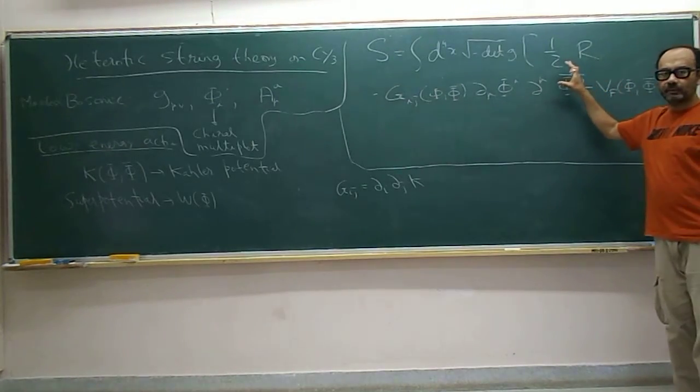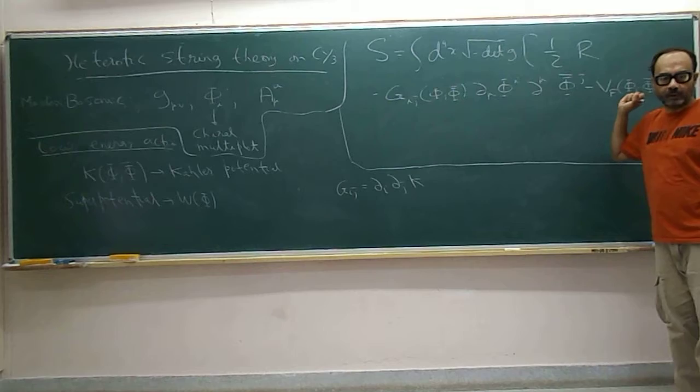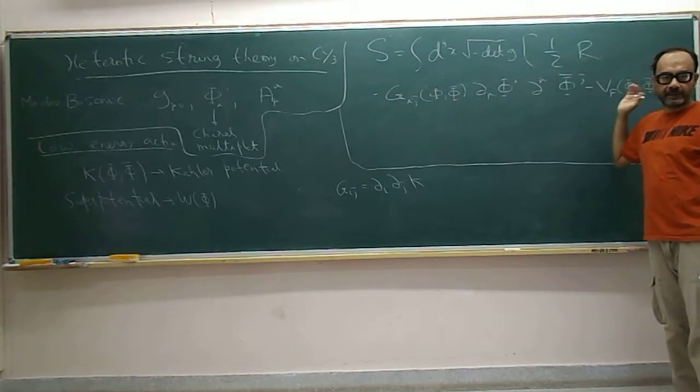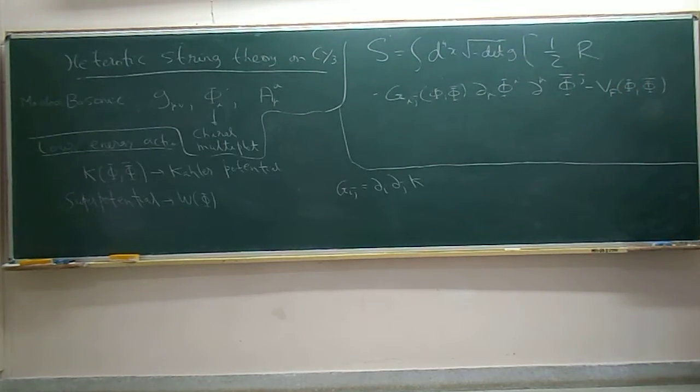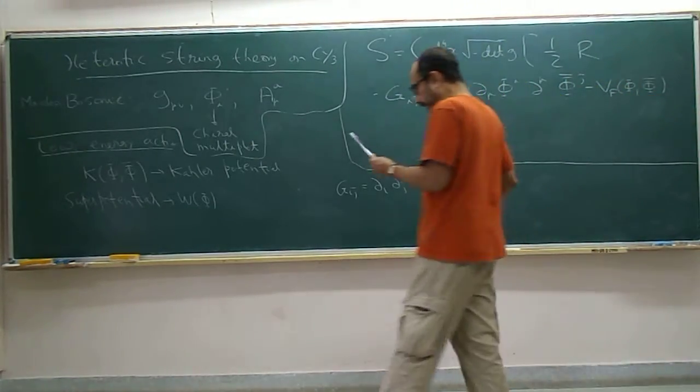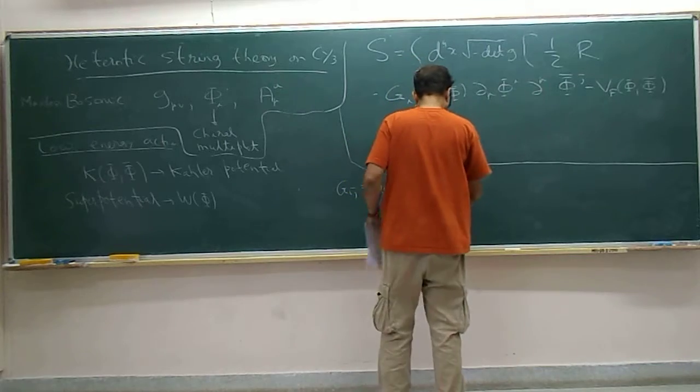Up to this point, we had also in N equal to 1 supergravity, if you remember, the vector multiplet action had this kind of structure. This is the superpotential. This is the potential. V has the following structure.